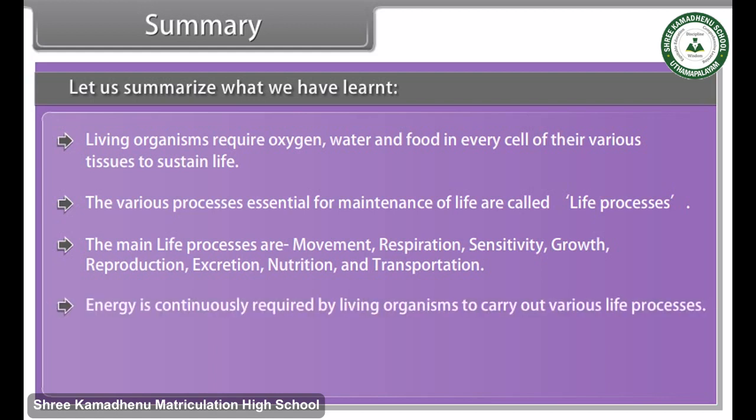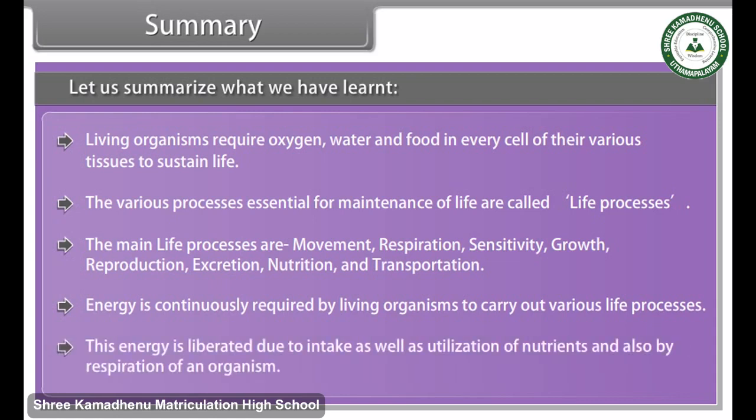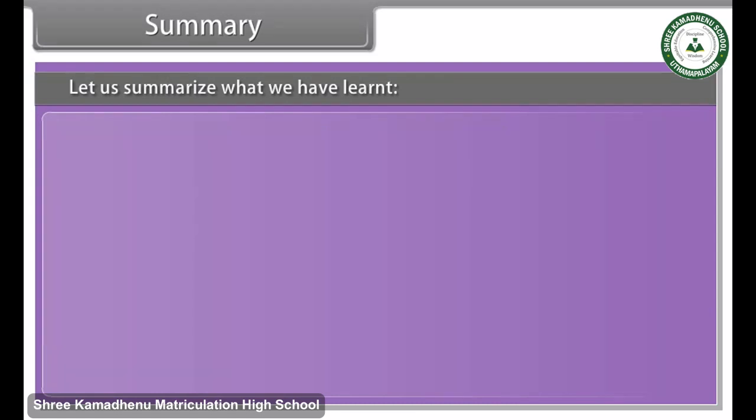Energy is continuously required by living organisms to carry out various life processes. This energy is liberated due to intake as well as utilization of nutrients and also by respiration of an organism.